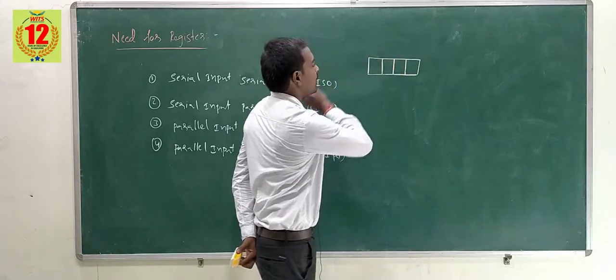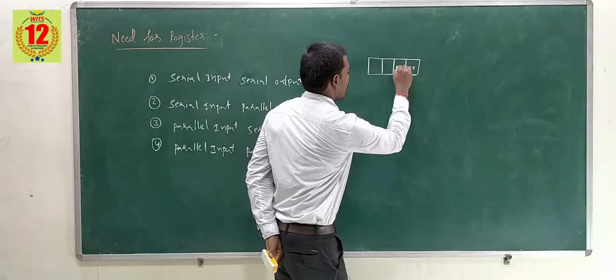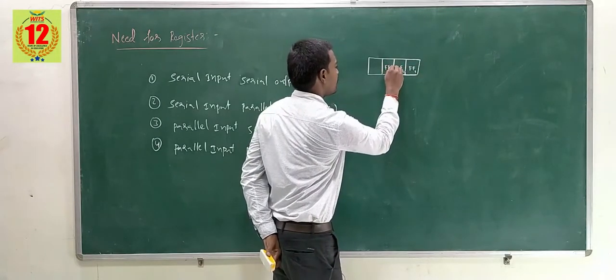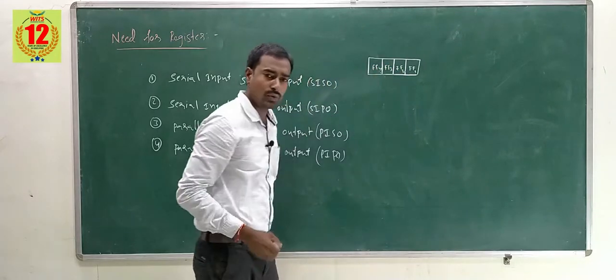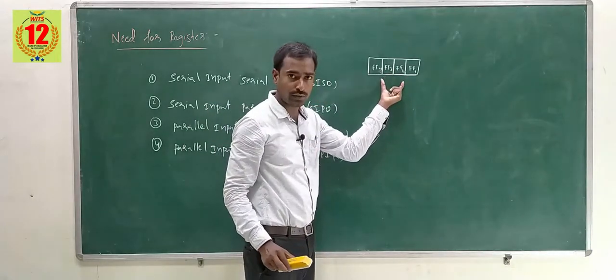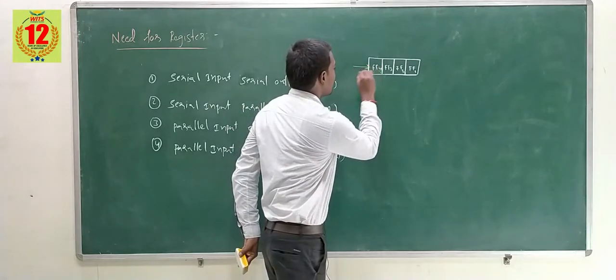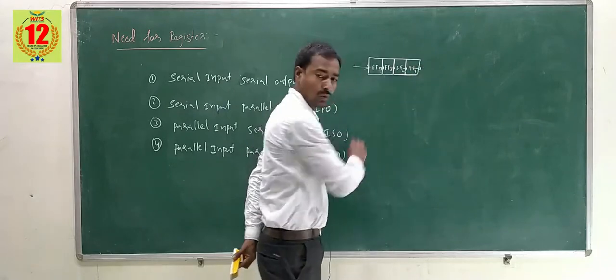These are all the flip-flops: flip-flop 1, flip-flop 2, flip-flop 3 and flip-flop 4. To design the 4-bit register, I am using 4 flip-flops, and the data will be shifted from left to right.